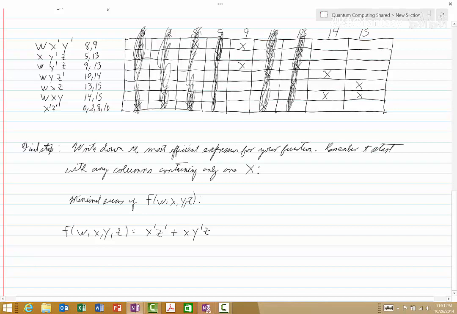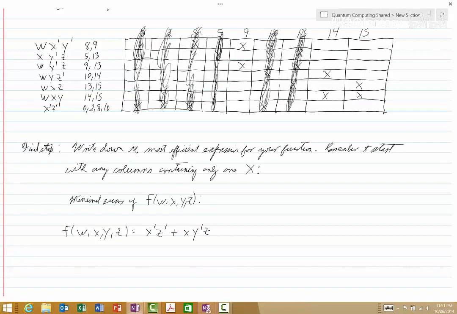And so now we have accounted for terms 0, 2, 8, 5, 10, and 13, and the only columns that remain to be accounted for are columns 9, 14, and 15. And so we have to make choices now as to how is the most efficient way to do that.